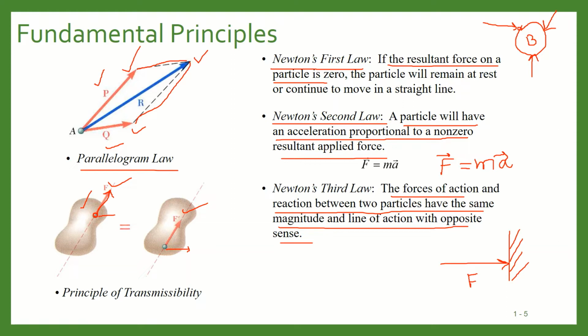Suppose you are punching the wall, okay? Then you also feel some pressure on your hand. So what is this? That force is applied by the wall on your hand, and it will have the same magnitude, but the direction of that force will be opposite. Magnitude will be the same and line of action will be the same. So this is Newton's third law. So these are the fundamental principles.